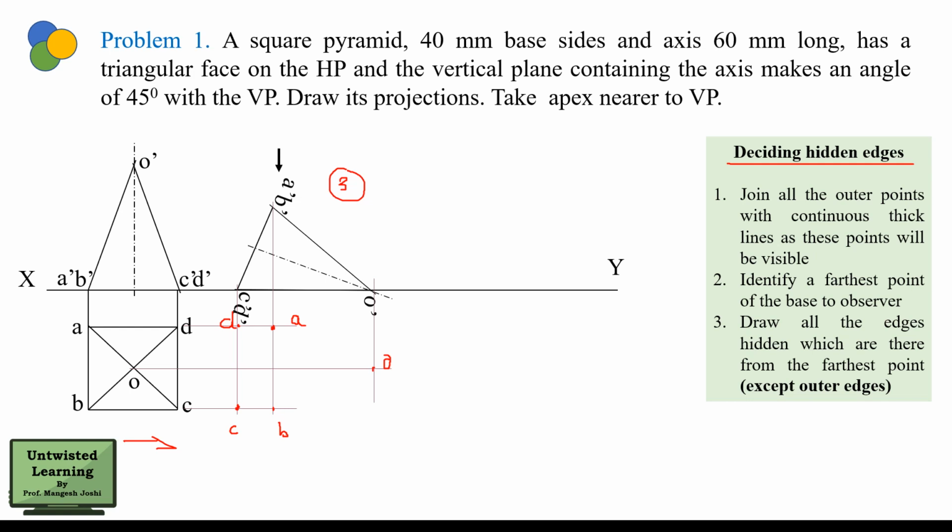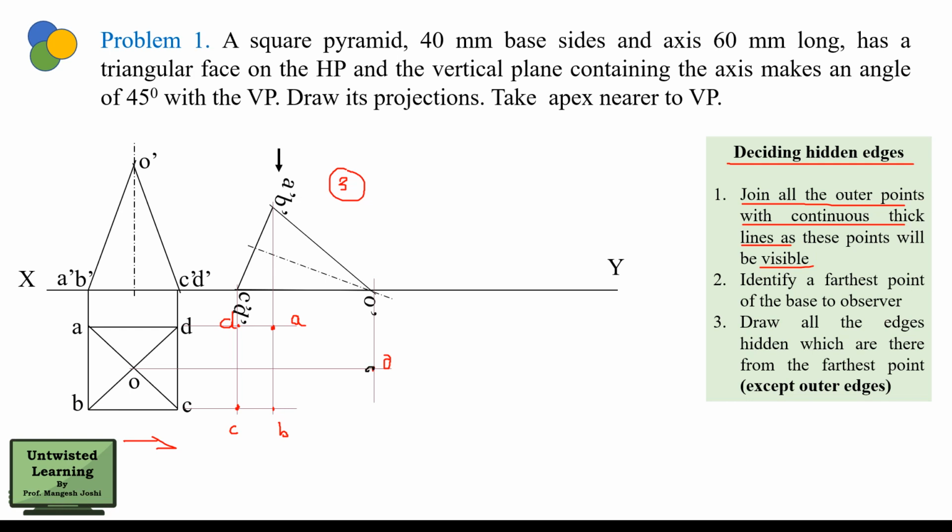The edges which you will see will be drawn with continuous thick line, and edges which you will not see will be drawn with hidden line. So what is the procedure? Let us read it. The first step is to join all the outer points with continuous thick line, as these points will be visible. So which are the outer points? I will just change the color so that you will get it.